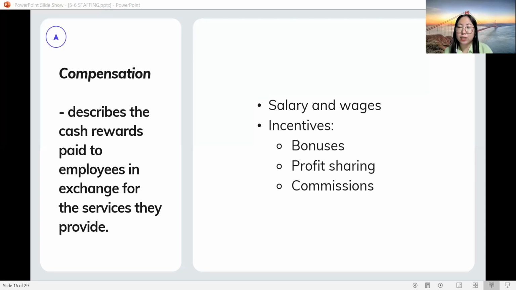So yung last naman natin is commissions. So this is a common way to remunerate employees for securing the sale of the product or service. So these commissions are usually calculated as a percentage of the sale of the product or service.